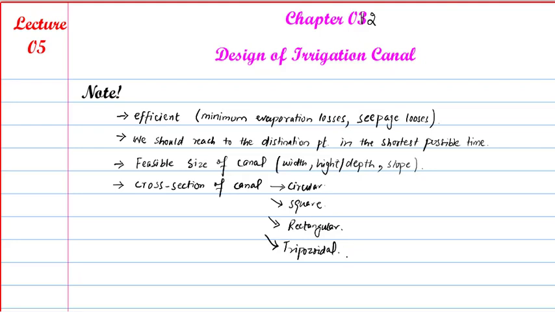Okay, and the most used section is the trapezoidal section. This is mostly used for the designing of canal, and it is considered as the most efficient cross section.